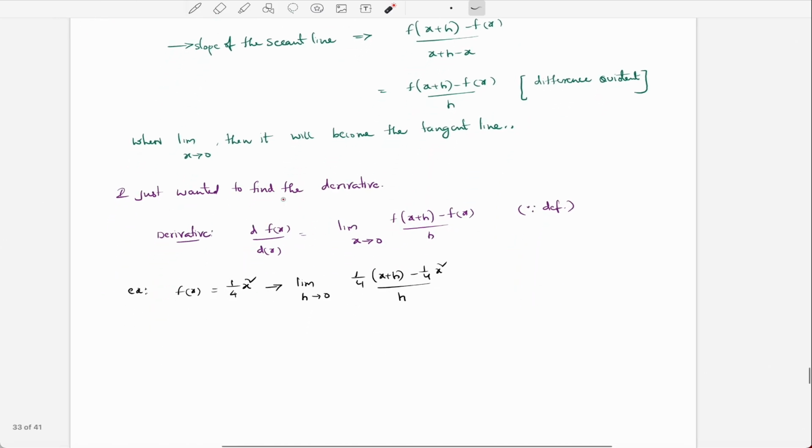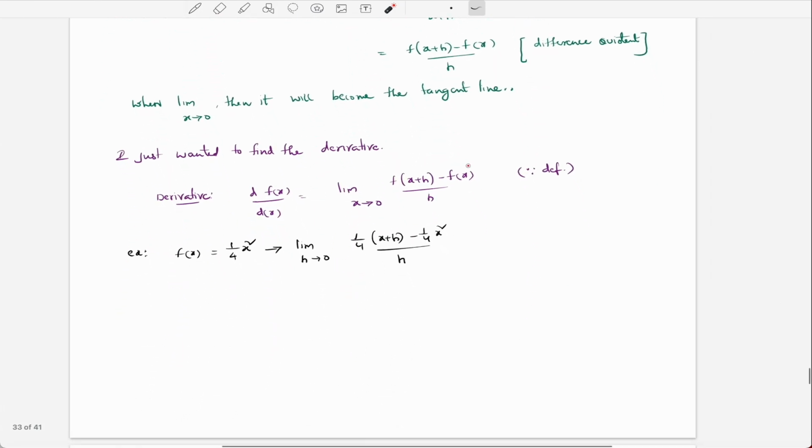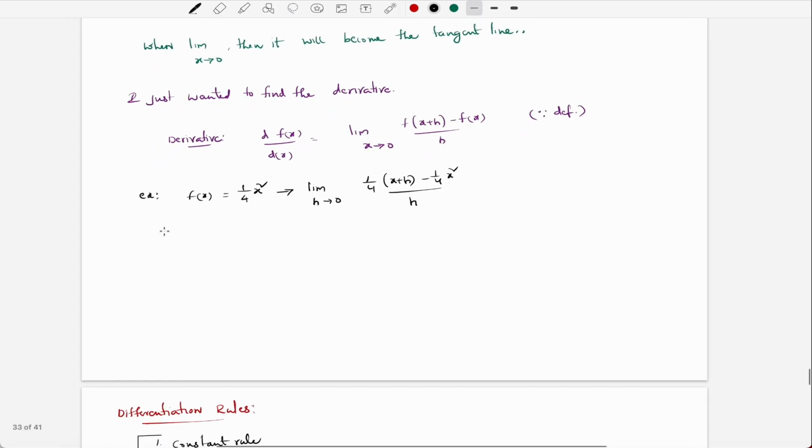So I just want to find the derivative of that function. It will become like 1 by 4. So I'm just multiplying with this, which is a square plus b square plus 2ab, right? This is square, I'm so sorry.